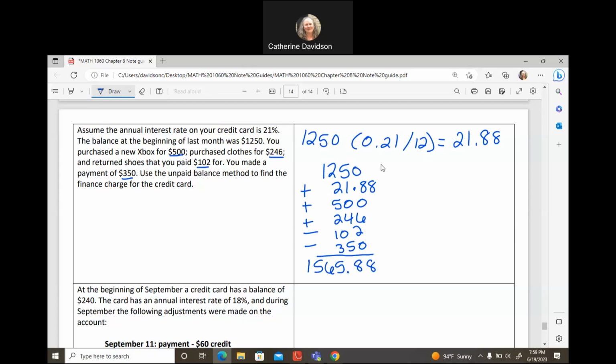All right. So we need to calculate the finance charge. So we multiply by the interest rate, which is 21%, divided by 12, because we just need the monthly finance charge, which is going to be $27.40. So that is the answer they're looking for in my math lab.